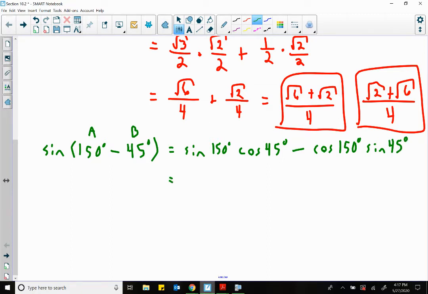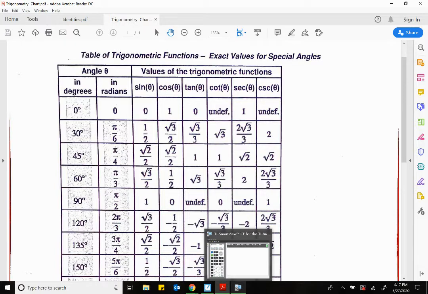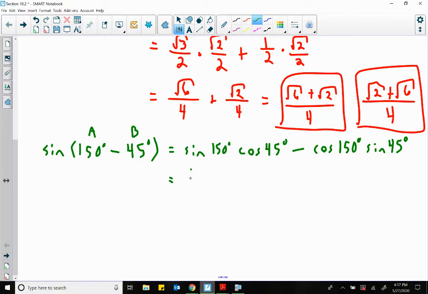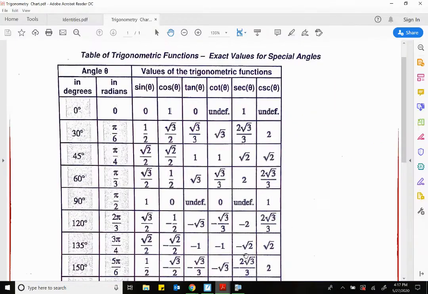Let's find what we know. So sine 150 is 1/2. Cosine 45 is square root of 2 over 2, minus cosine 150. Cosine 150 is negative square root of 3 over 2.